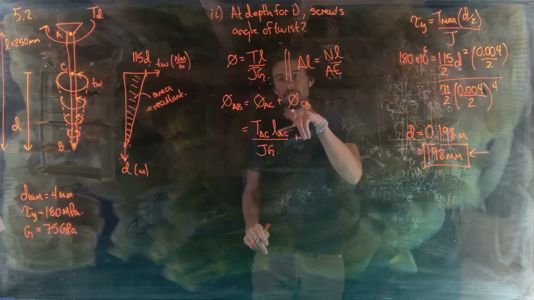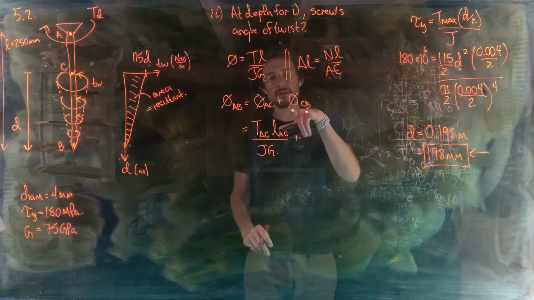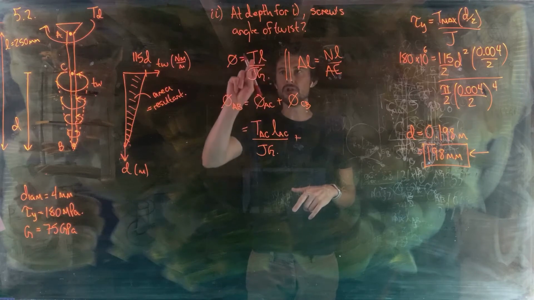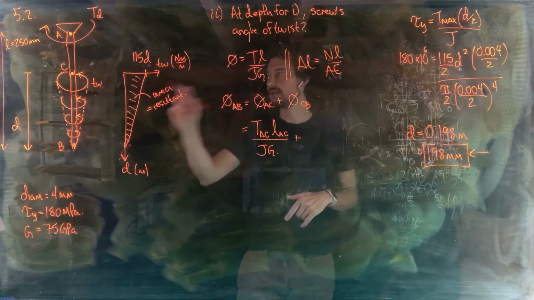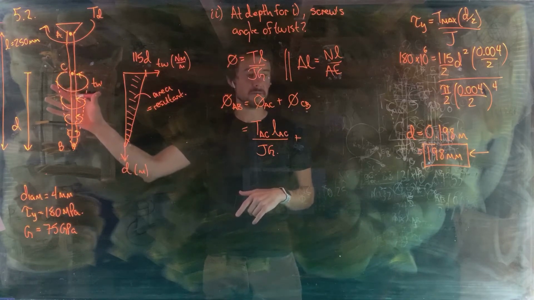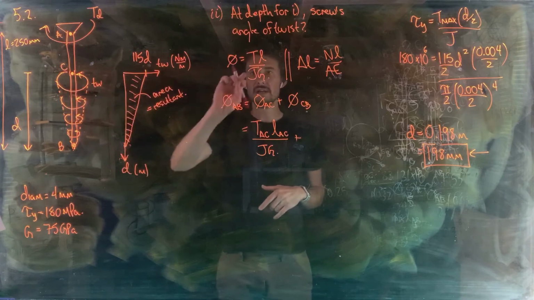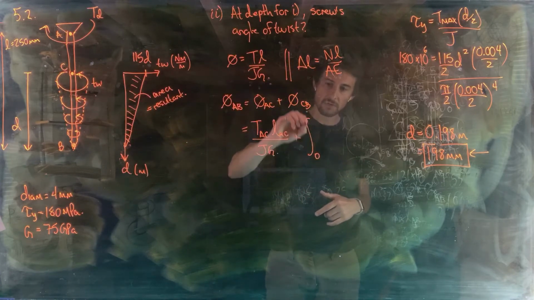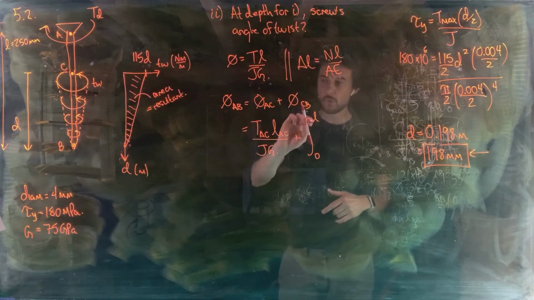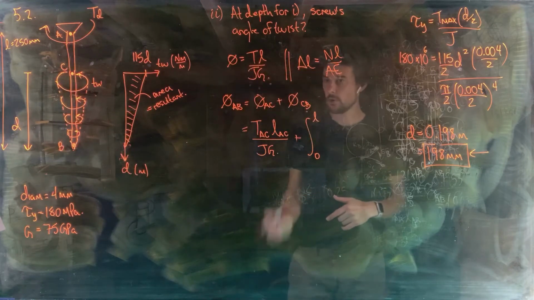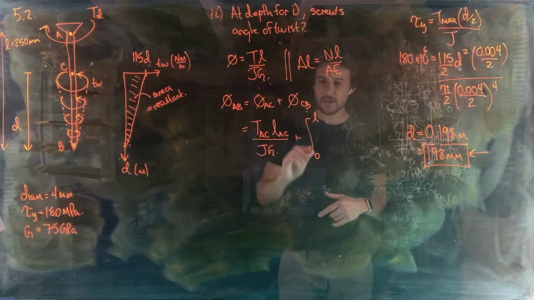Plus, now for segment CB, we can't use this form of the equation because the internal torque is going to change continuously over the length of segment CB, because we've got a distributed torque. So we need to use the integral form of this equation. That's going to be the integral from 0 to L, where L is the entire length of the distributed torque, or the length of segment CB.